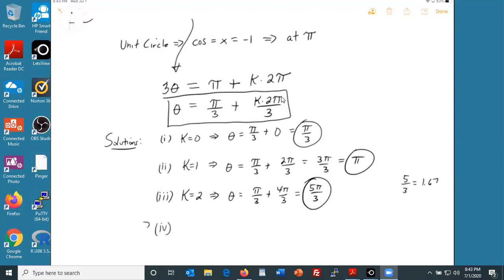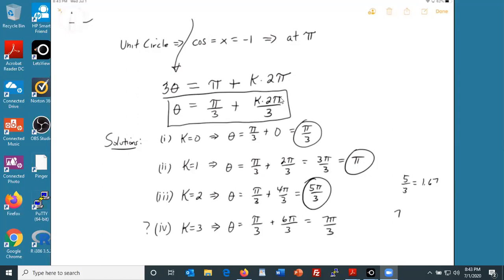Let's see if there's a 4th solution. So let's try k equals 3. Again, I would go up to the box here and fill in 3 for k. So 3 times 2 pi is 6 pi, 6 pi over 3 is 7 pi over 3.